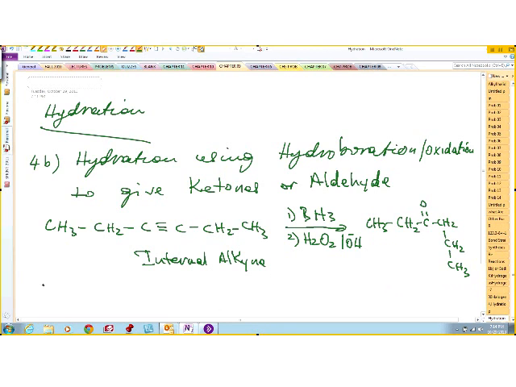Supposing we have a terminal alkyne, then we get an aldehyde. So what we get depends on our starting material.